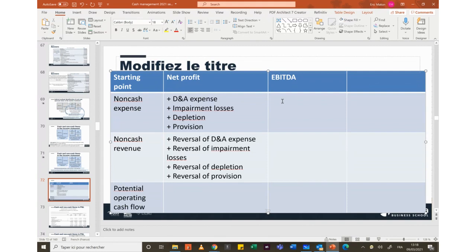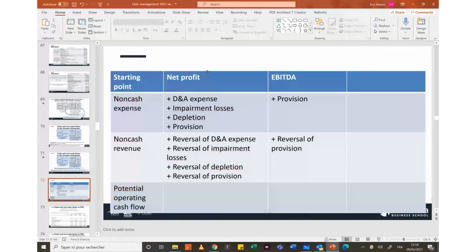Do you include some depletion, provision? So we can suppose we have already the provision, for instance. So we have plus provision only. It's the same here. We have plus reversal of provision. It depends what you include in your EBITDA. And it's the same for the second part. So it is in the step 1.